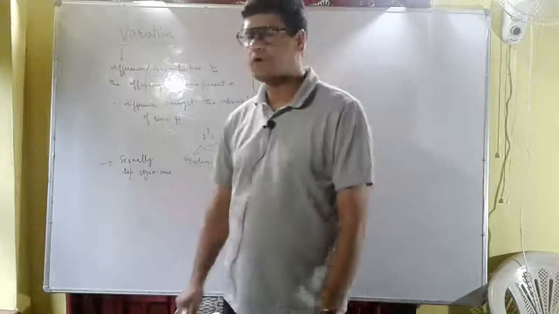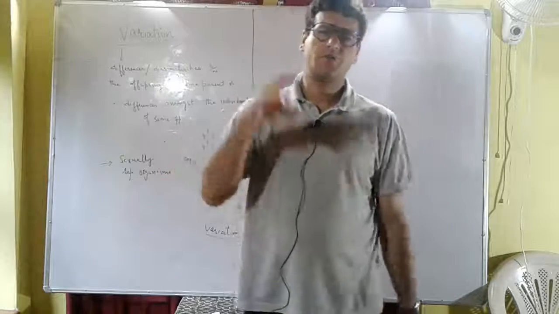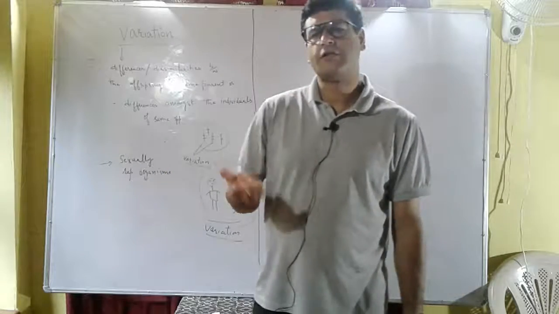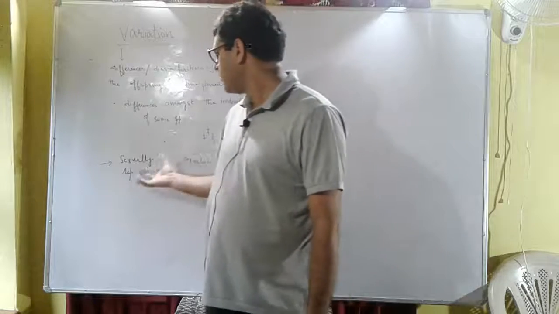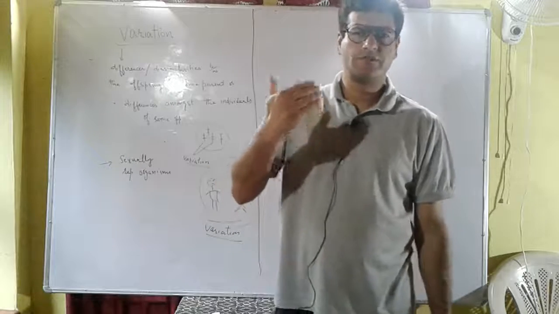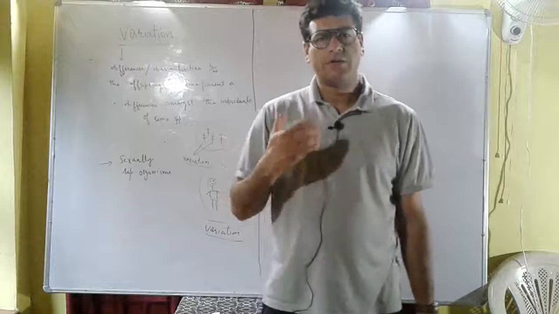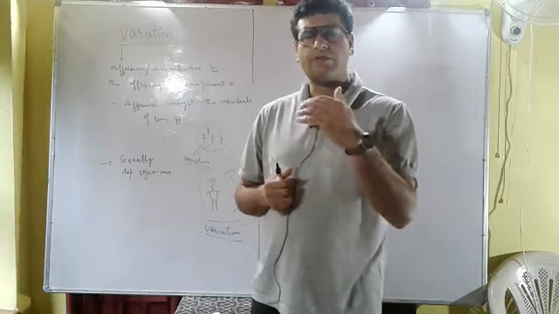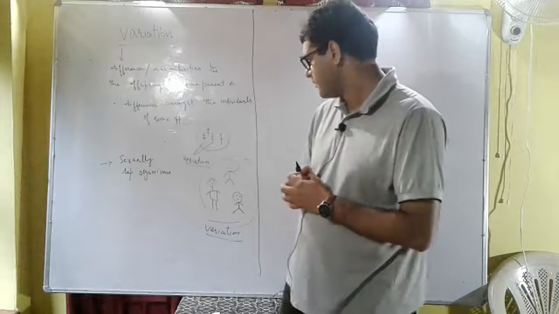In case of asexual reproduction or vegetative propagation, the individuals are identical to their parents, what are called clones. In case of sexual reproduction, there is a variation, and the genetic variation is mainly found in sexually reproducing organisms.